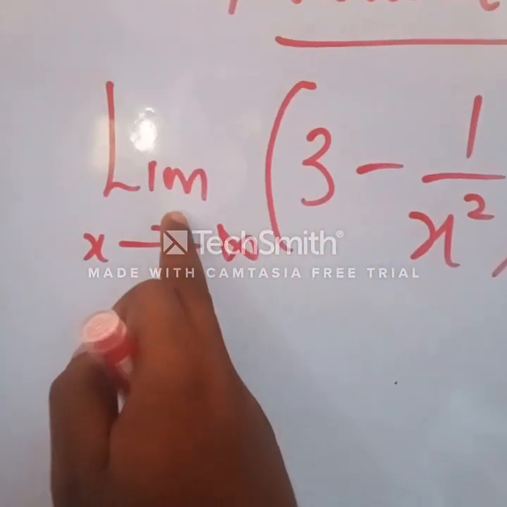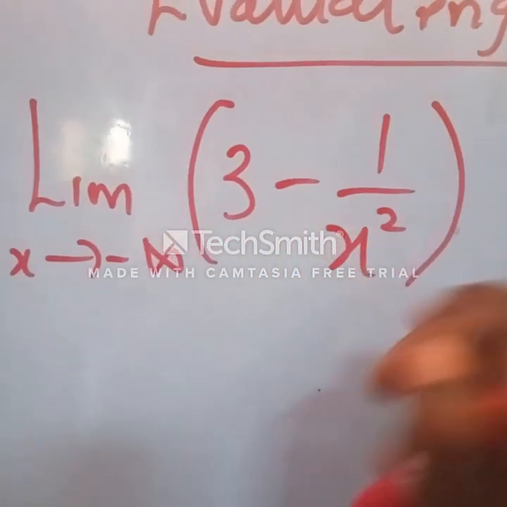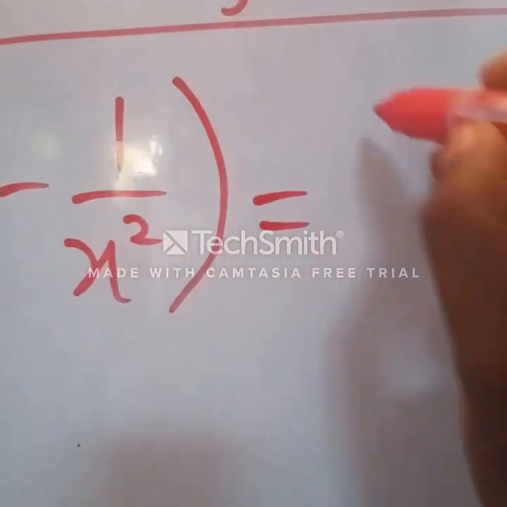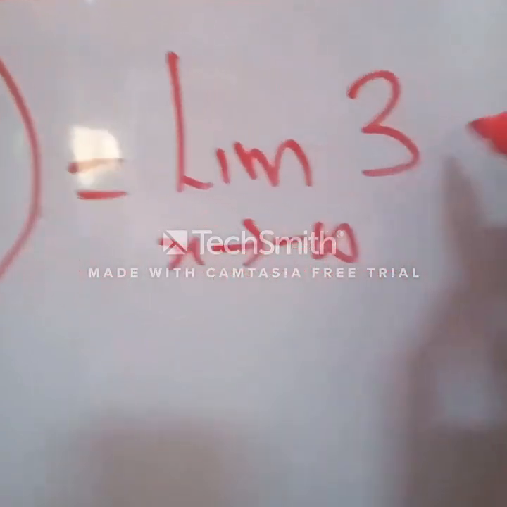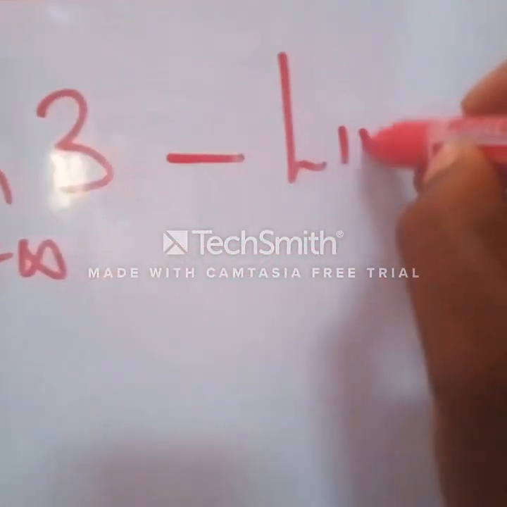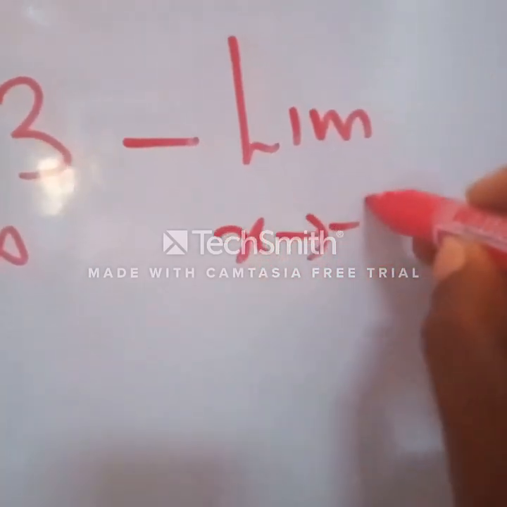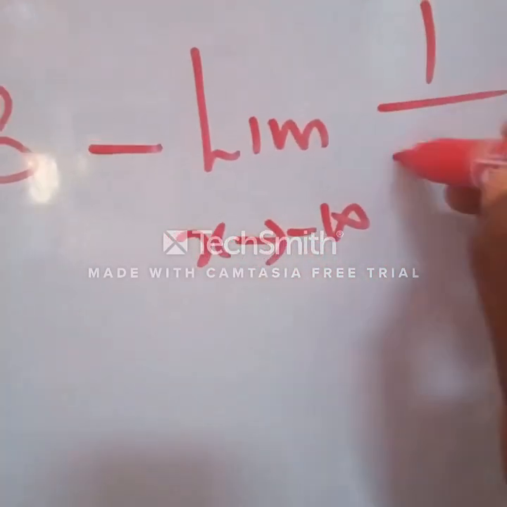So this limit can act on each of the functions. This will be the limit as x tends to negative infinity of 3, minus the limit as x tends to negative infinity of this.